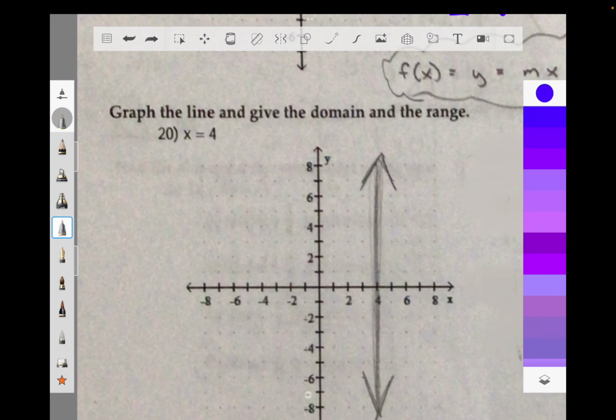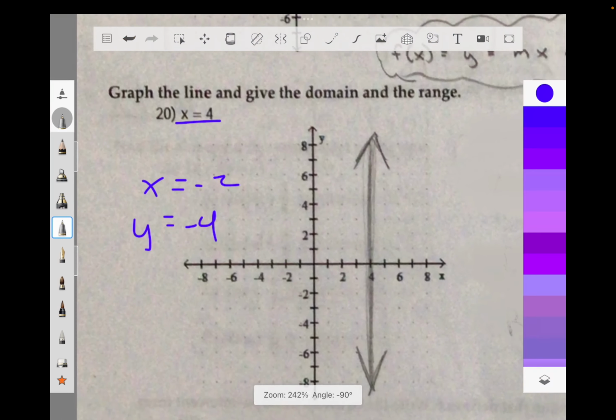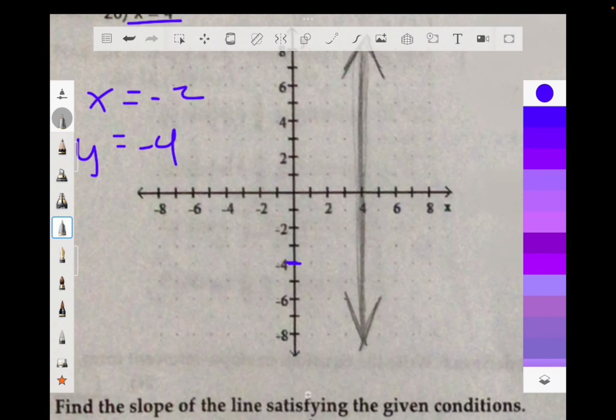So for this one, if you have a line that's given to you like that, if it's like x equals -2, you find where x equals -2 and you just draw a straight line through that, straight down. If it was y equals -4, same thing, you find -4 on the y-axis and you draw a straight line through it.